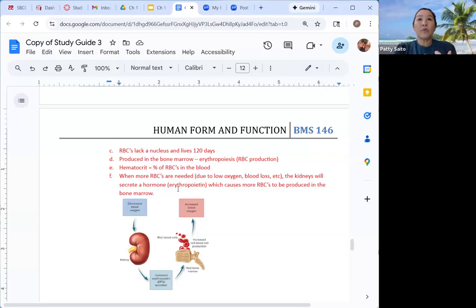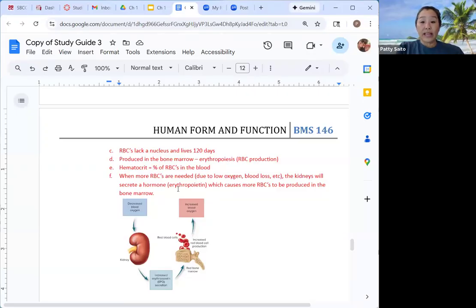So how do you deal with a low oxygen environment? Your body detects, hey, there's not enough oxygen. What do you do? You make more red blood cells to be able to carry more of the oxygen that there is in the atmosphere. So there are mechanisms to detect low oxygen.